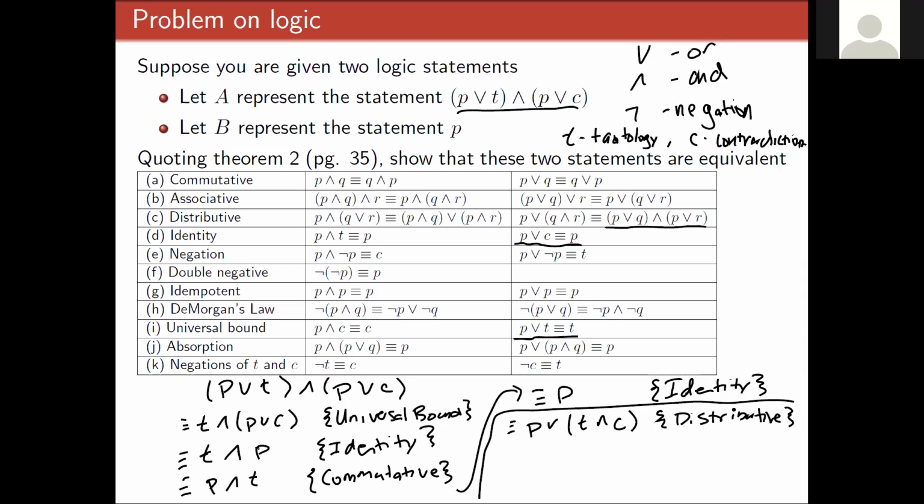And then here you could apply universal bound, T and C. Anything and C is just equivalent to C. And then anything or C, P or C, is equivalent to P, so that would be equivalent to P using the identity.